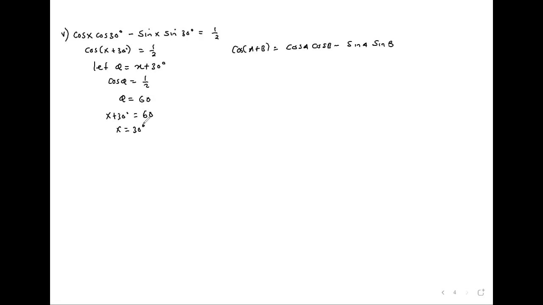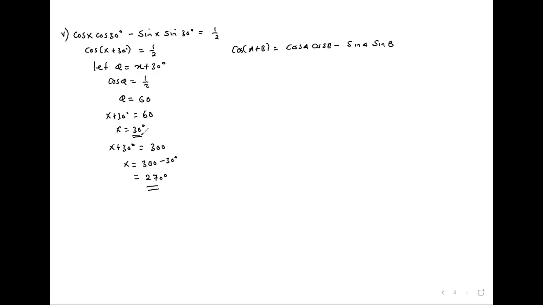That was in the first quadrant. In the fourth quadrant again, where cos is positive, we get theta is equal to 300. So x plus 30 is equal to 300, so x is equal to 300 minus 30, which is 270. So we only have two values of x in there.